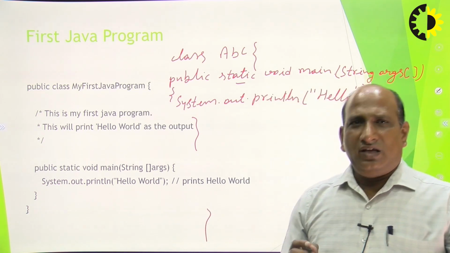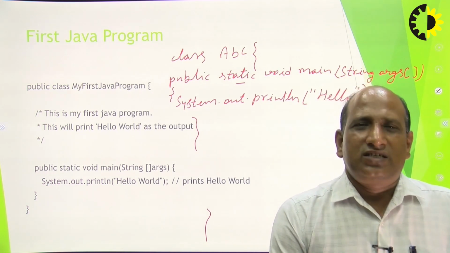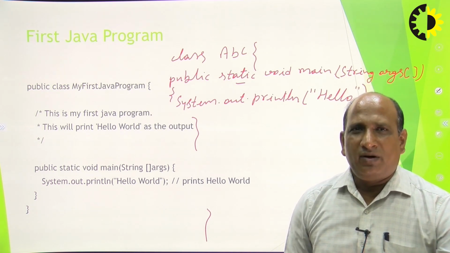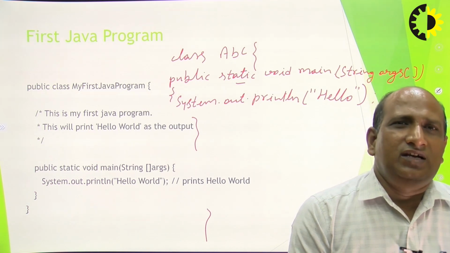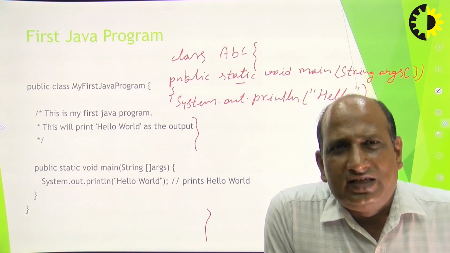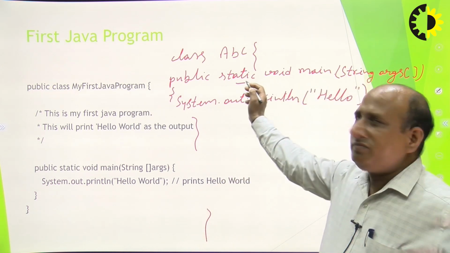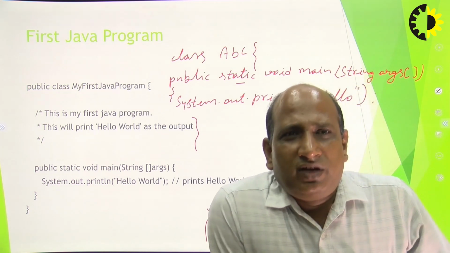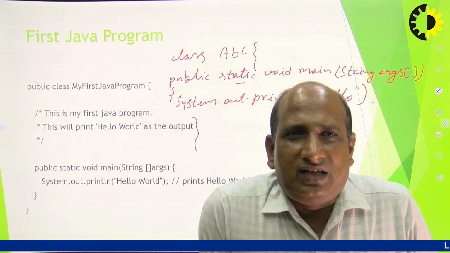Whatever things you put within a class can be accessed by creating the object of that class only. But if you want to access anything without creating the object of that class, you can make that thing static.